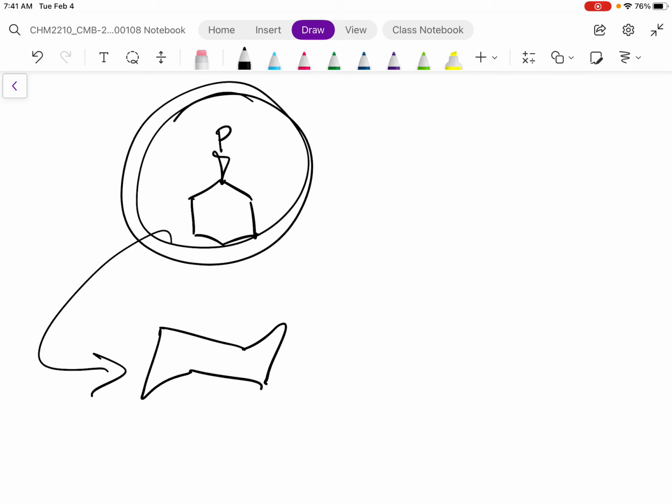And so when we do a ring flip, something that's often confusing for people is when we put a substituent on it. Let's say we put a methyl group right there. And we'll have a hydrogen there. And then let's put an equatorial CH3 right here.